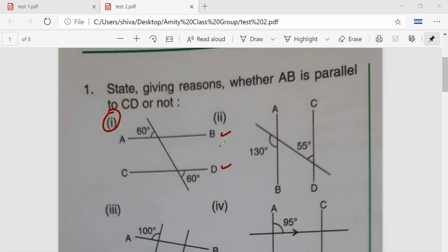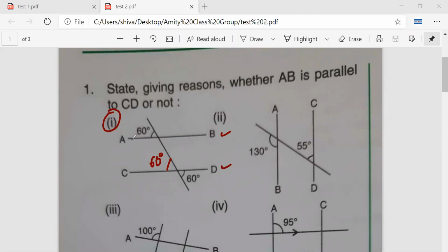Have you done this question? Yes, sir. I wrote two angles are same and they have alternate exterior angles. Okay. So, Mr. Sarthak, this is 60 degree, therefore this would be 60 degree. Any doubt about this, Mr. Sarthak? No, sir.